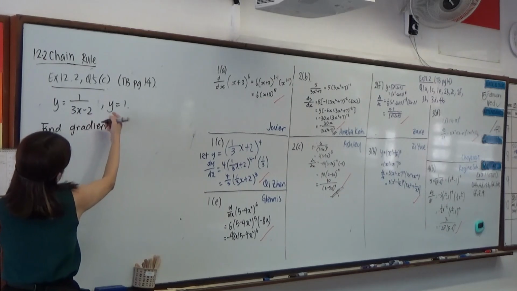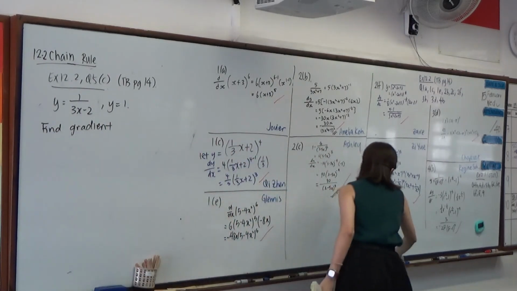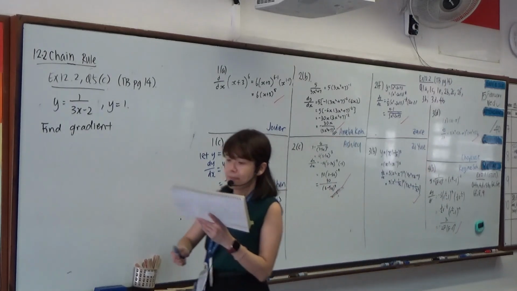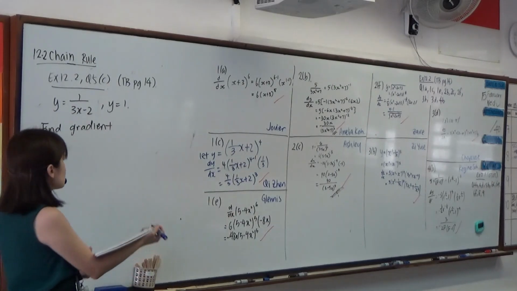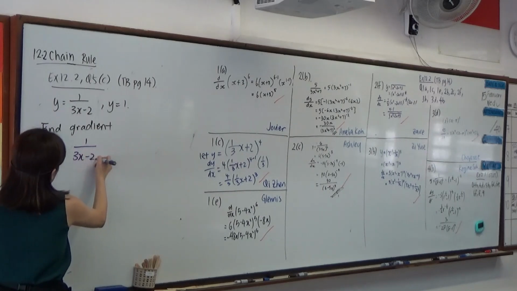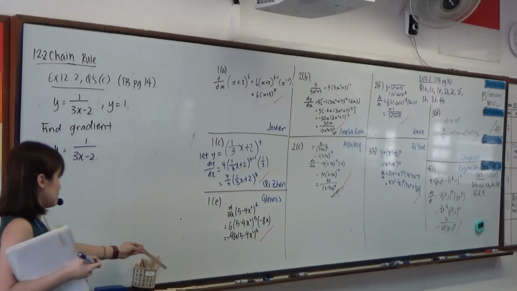The question asks for the gradient of the curve at the point where y equals 1. So this is exactly what I was trying to mention earlier on. Given y equals 1 over 3x minus 2, what is the first thing that you will do?